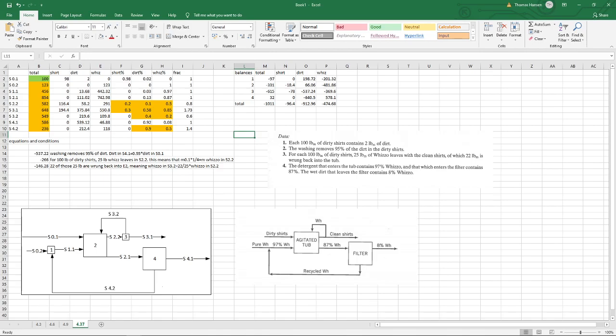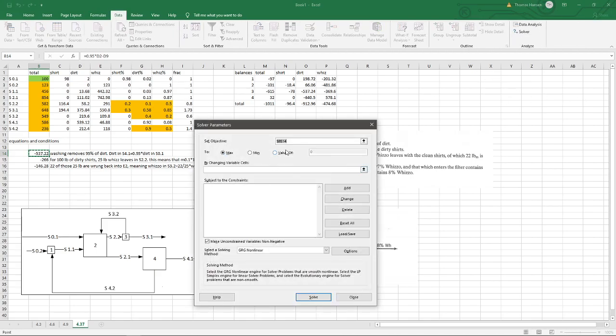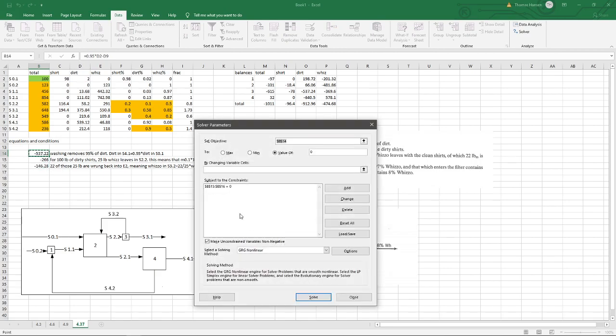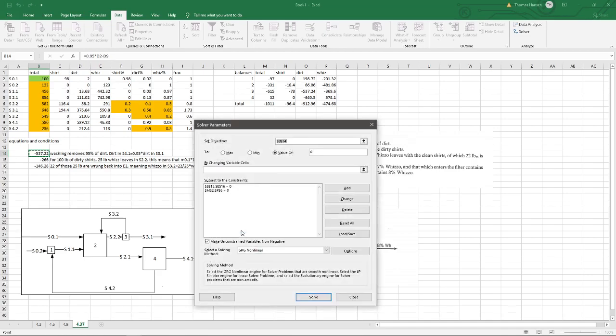So, in theory, if I go to my data and my solver, and I say I want that equation, B14 to be 0, I want those two to be 0, and I want all of my mass balances to be 0.